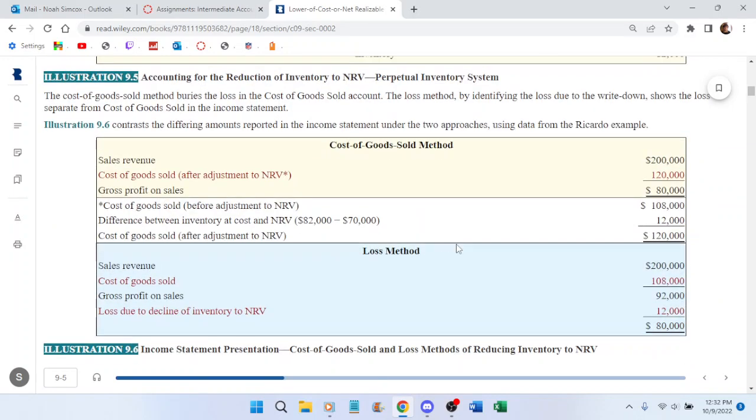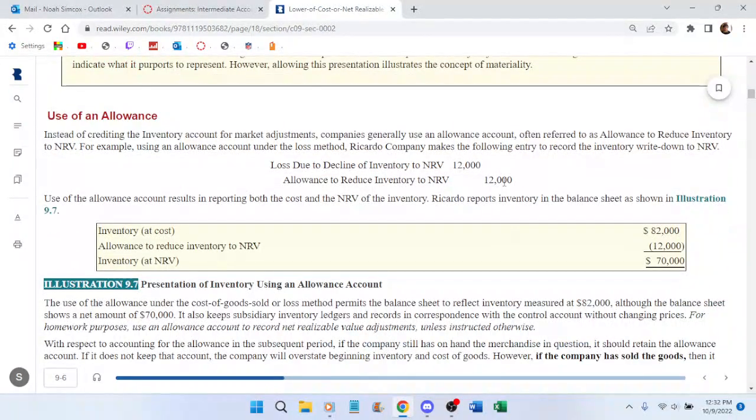Crediting inventory reduces inventory. A credit to an allowance to reduce inventory.